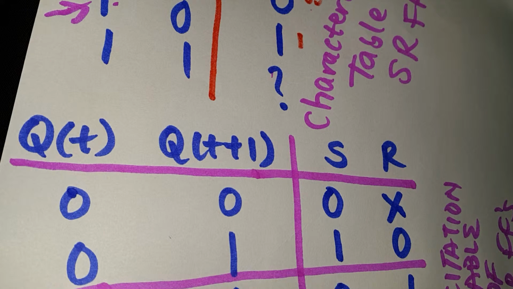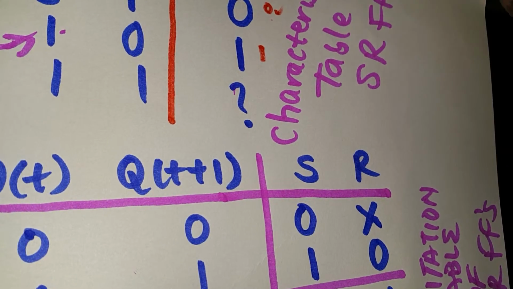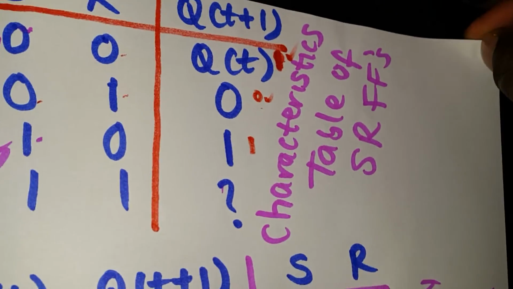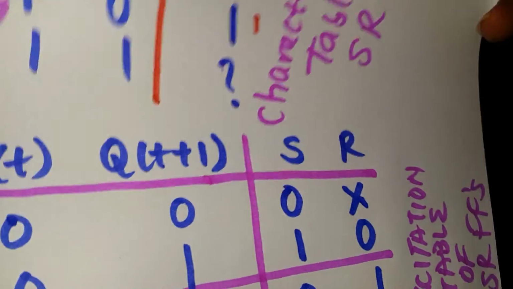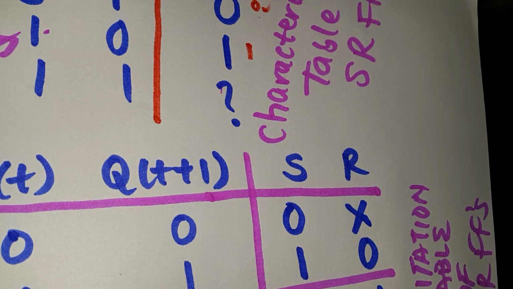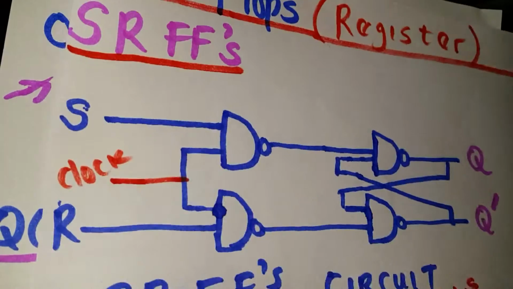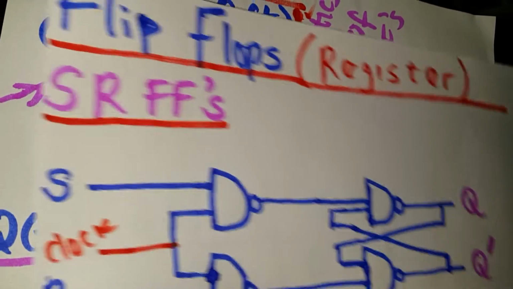So that is how to find the characteristics table of SR and also excitation table of SR. Now let's look at our table again. What have we done so far?